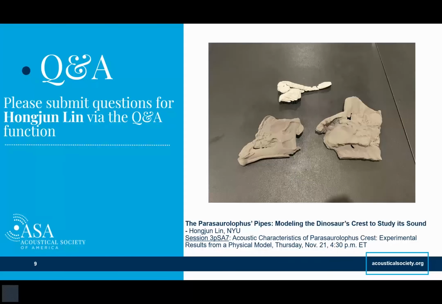Gotcha. All right, and our final question from Paul. So, following up on one of the data collection pieces you did, which was the frequency sweep, what generated the sounds that were altered by the pipe? You said there was the microphone, but how were those sounds generated into the pipe?